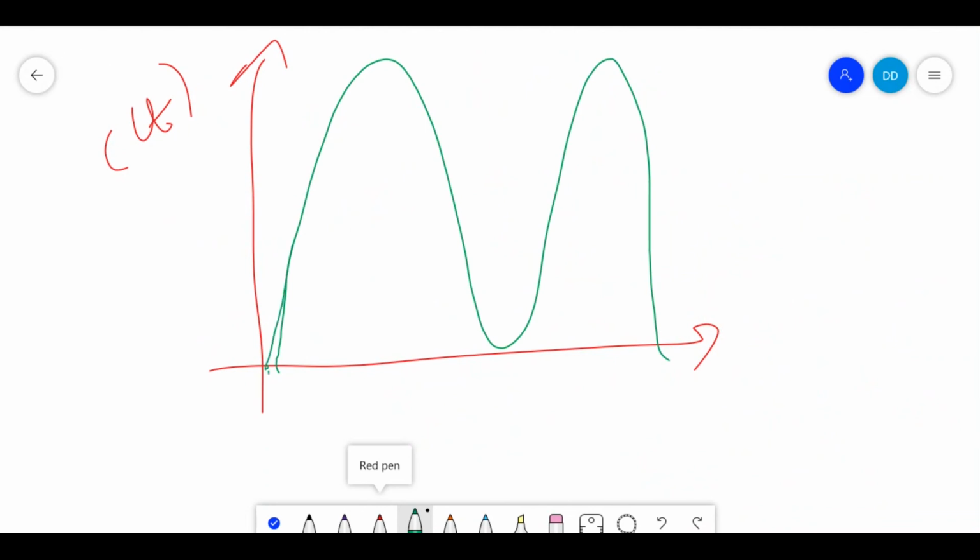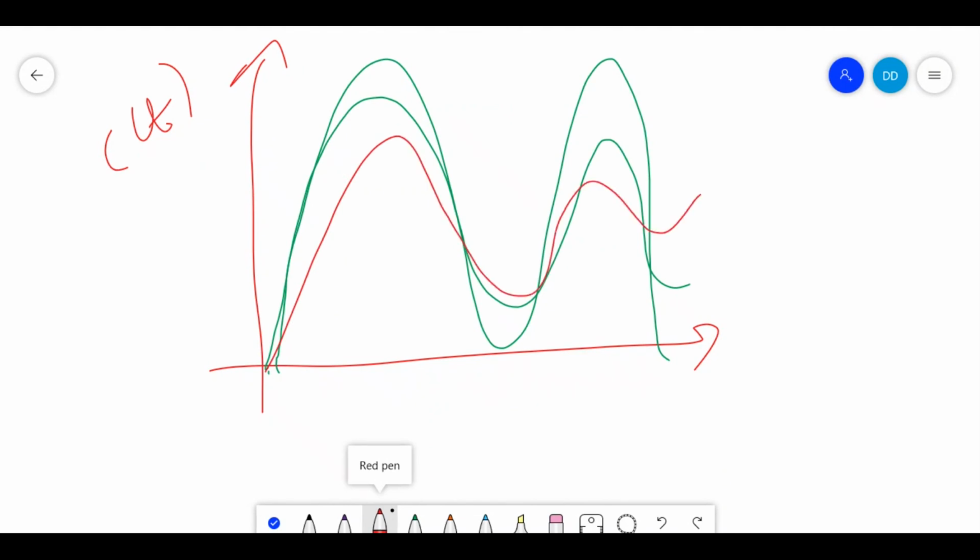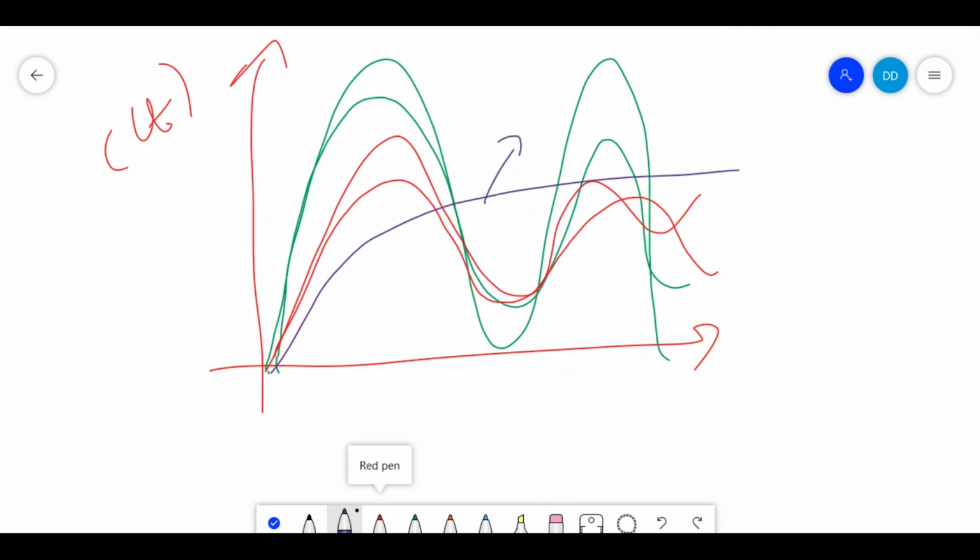So we will see how the response looks. For delta equal to 0, we will have a response like this. If delta is equal to 0.1, the response will be like this. Next, if delta is equal to 0.2, it will again vary. If delta is equal to 0.6, again it will be of this kind. And finally, when delta is equal to 1, the oscillations vanish.